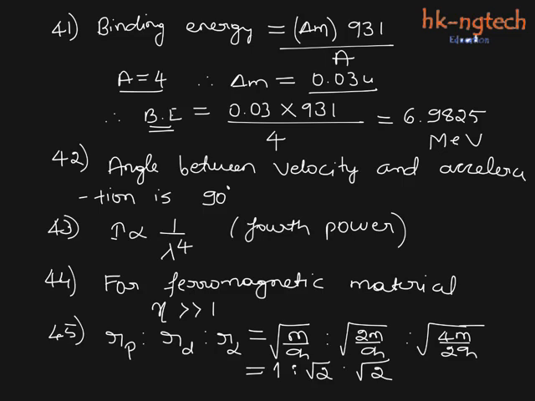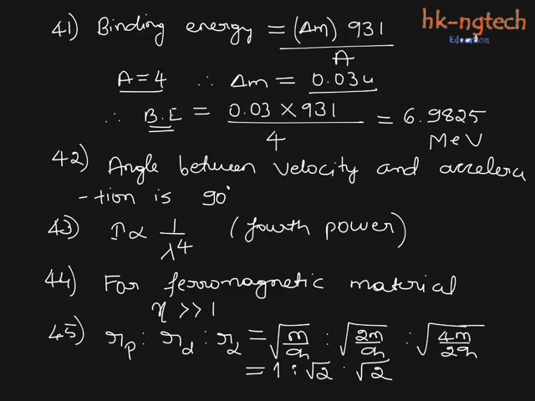We know that the mass of the proton is m and the charge on the proton is q. Then for the deuteron, its mass is 2 times the mass of the proton, that is 2m, and the charge on the deuteron is as it is in the proton, so obviously it is q again. If we take the alpha particle, the mass of the alpha particle is 4 times the mass of the proton, and the charge of the alpha particle is 2 times the charge of the proton.